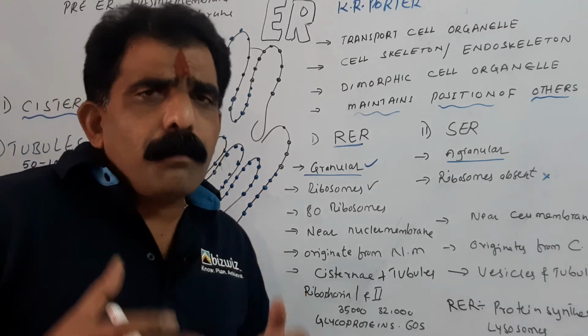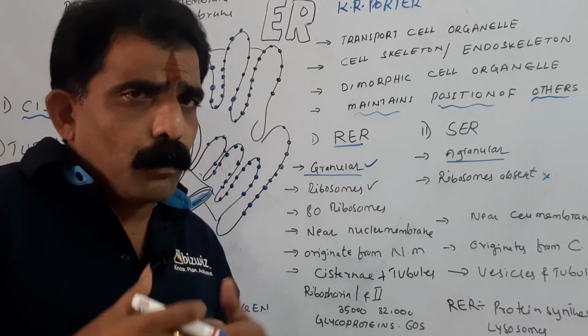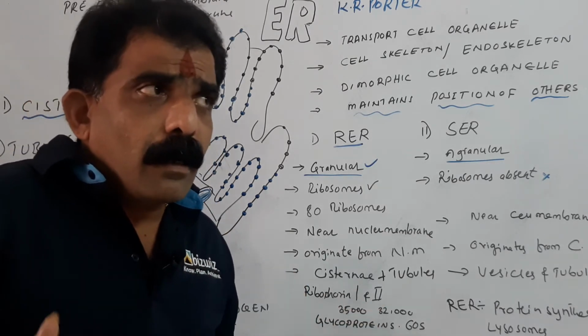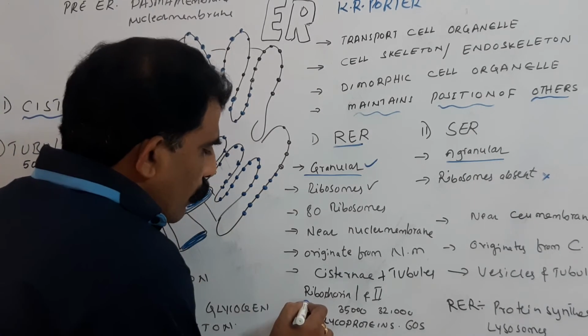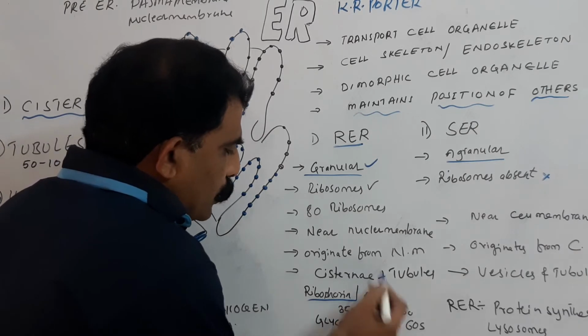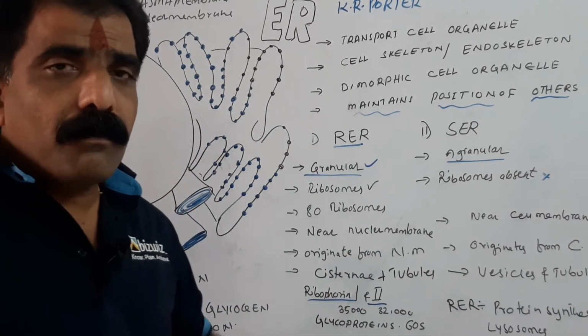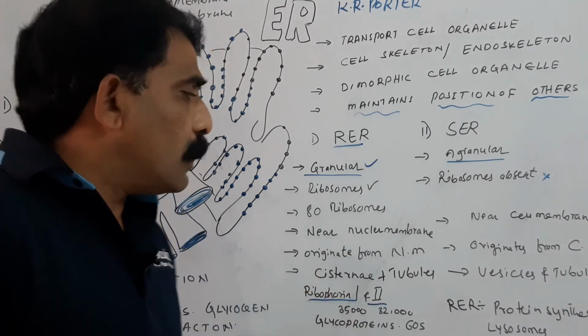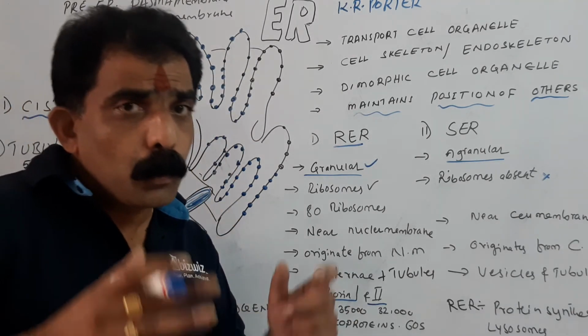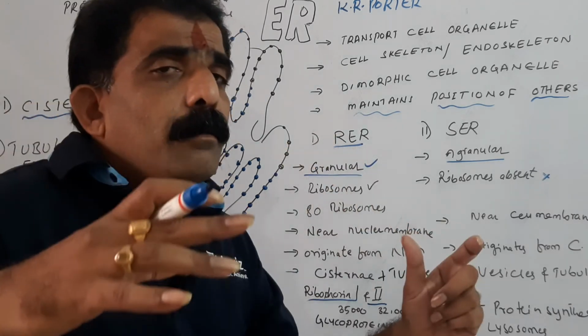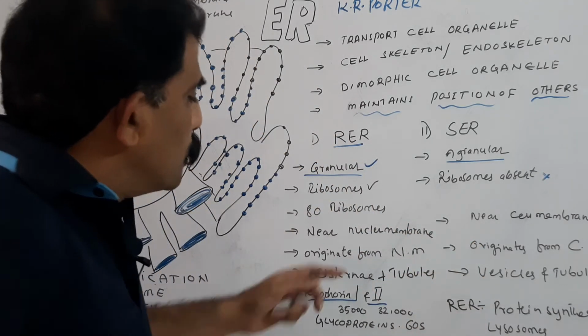The 60S subunits have transmembrane proteins, which are glycoproteins, that are ribophorin 1 and ribophorin 2. Ribophorin 1 and ribophorin 2 are the transmembrane proteins present on the 60S subunit of the ribosome, through which this ribosomal subunit attaches to the membrane.